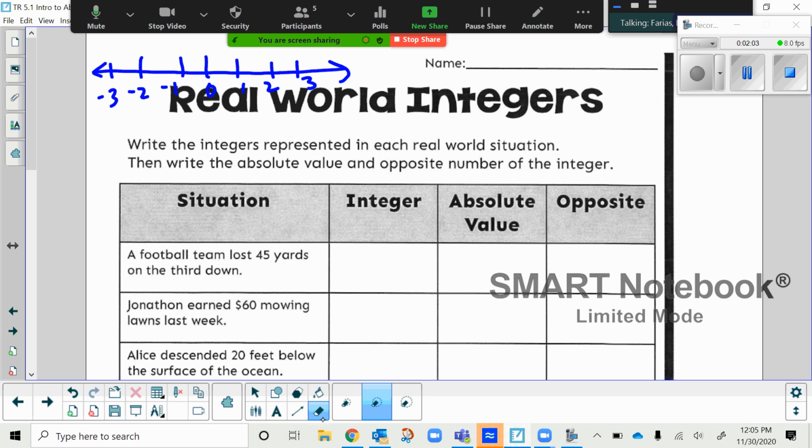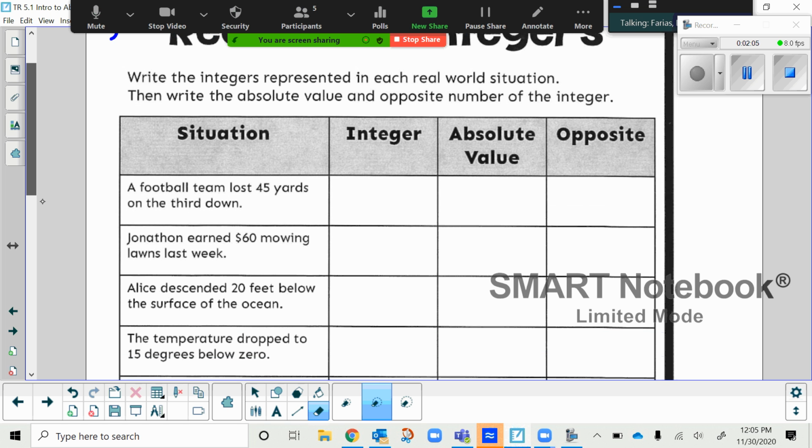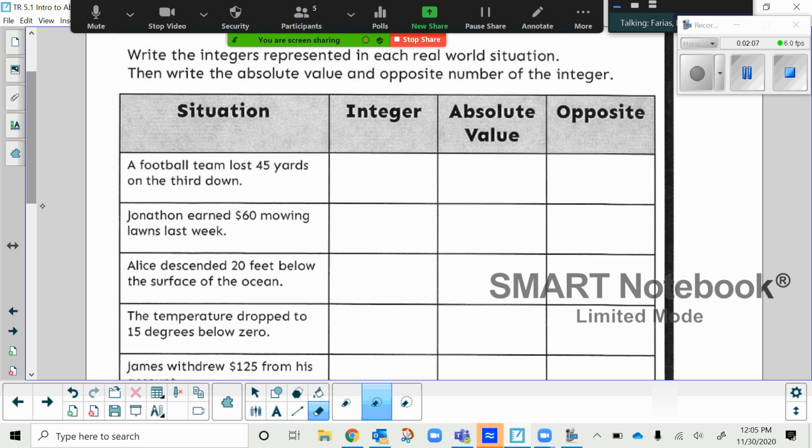So on this table here, we have some situations, and we're going to represent each in integer form and absolute value form, and then talk about what its opposite would mean. So for example, in the first situation, a football team lost 45 yards on the 3rd down. If you were to describe lost 45 in number form, what would that be as an integer?